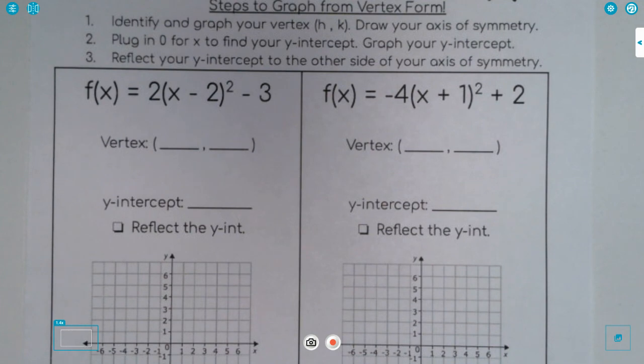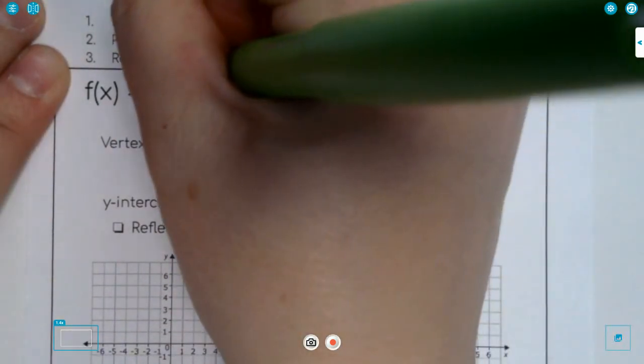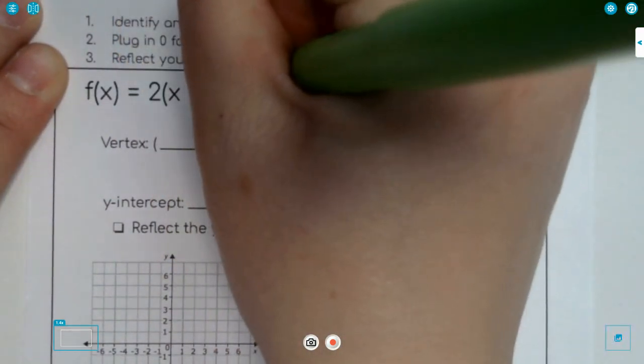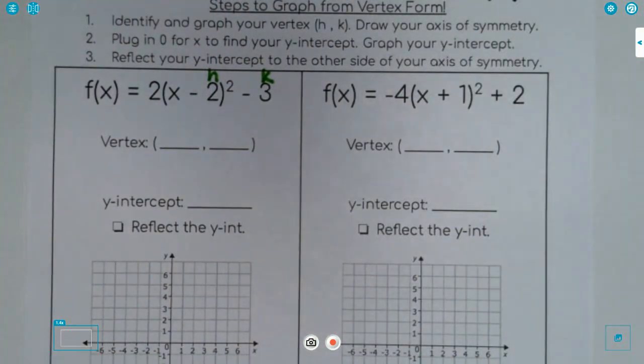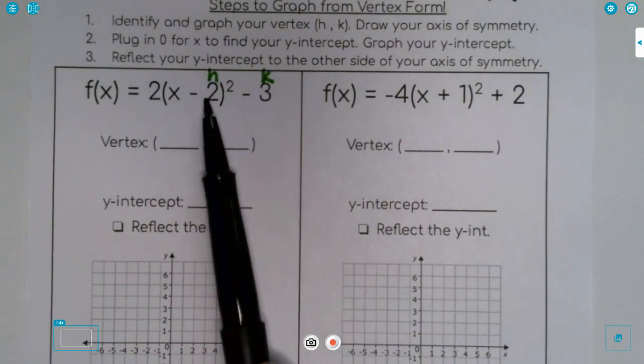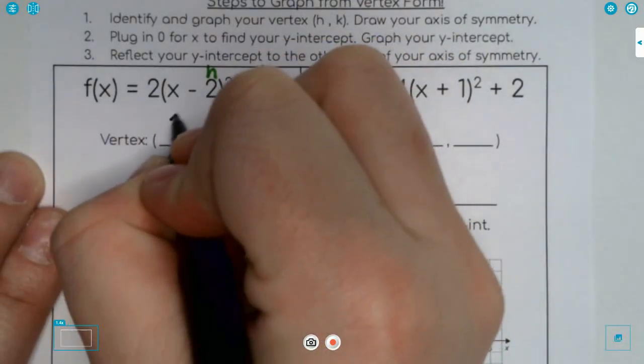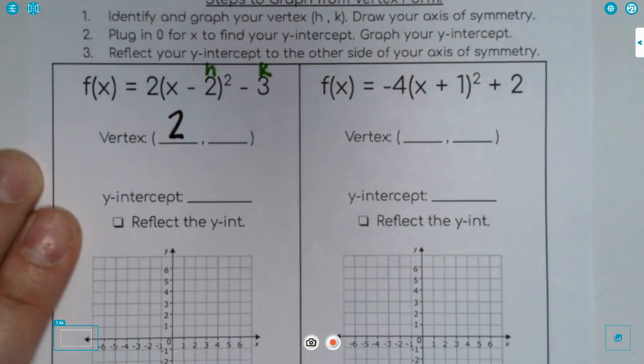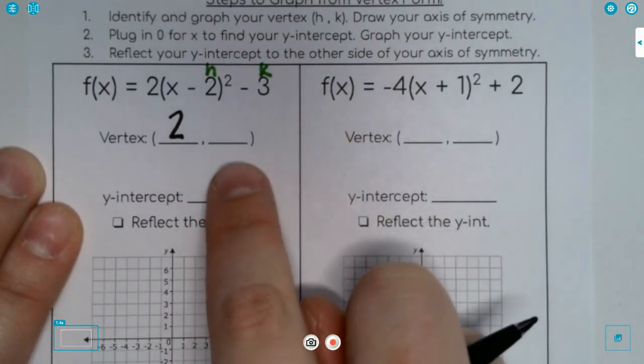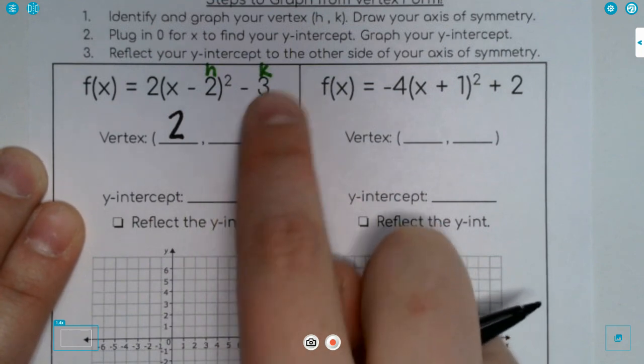This is my h value, and this is my k value. My vertex is h comma k. But the key is remembering that h is the opposite. Since this is minus 2, my h value is positive 2. H is the opposite, but k is the same, so k stays as negative 3.